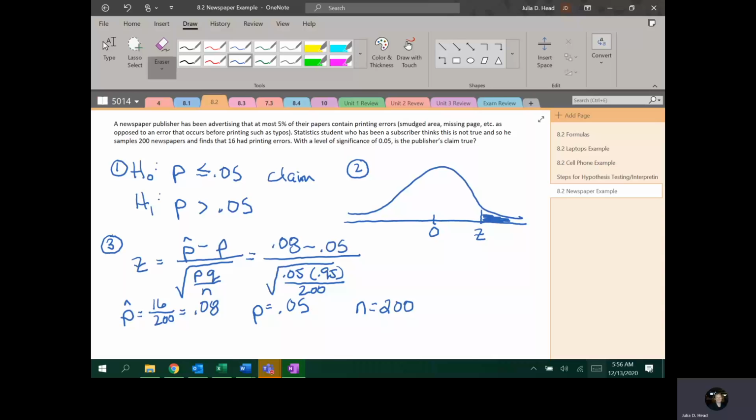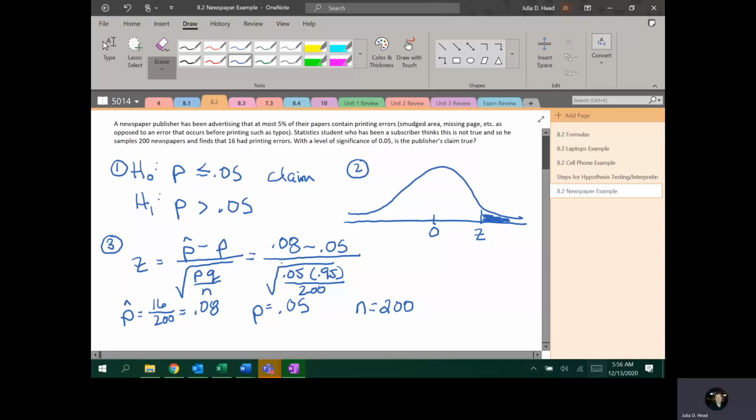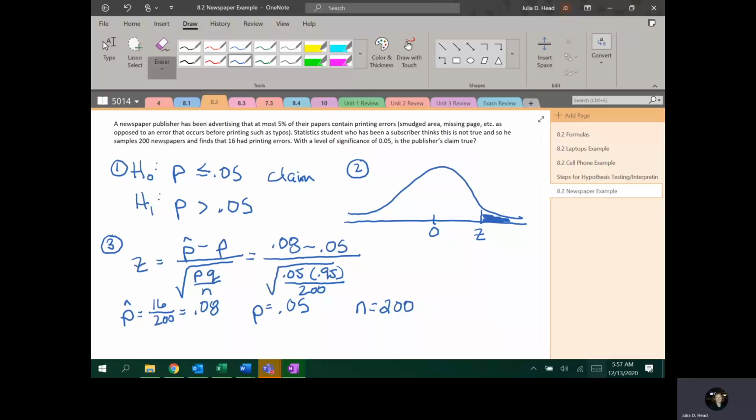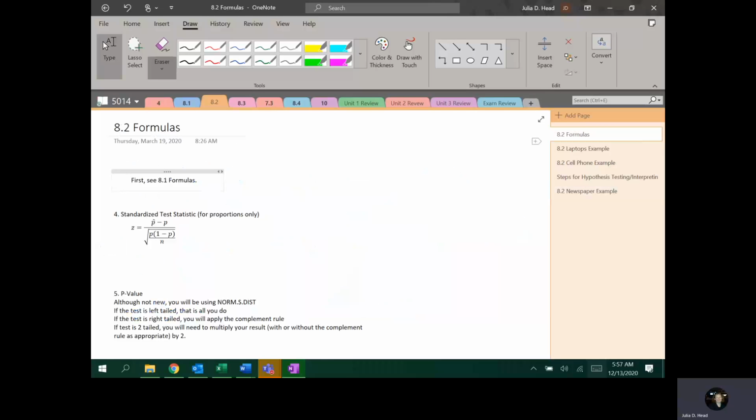For the ones that we're going to do in 8.2, 8.3, and 9.3, the numerator is going to be the key for telling you whether your test statistic is positive or negative, which is extremely important for two-tailed tests, which this is not, but also extremely important for you just to use as a basic check of your work. In this case, you should be able to note that 0.08 minus 0.05 is a positive number. So my test statistic, whatever it is, should be positive. So let's calculate it and find out.